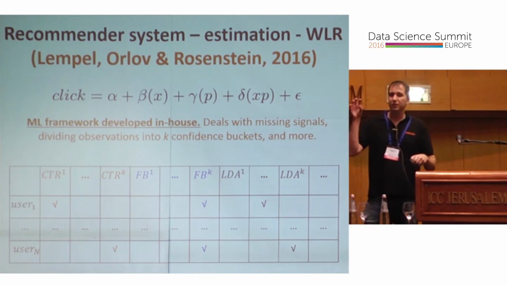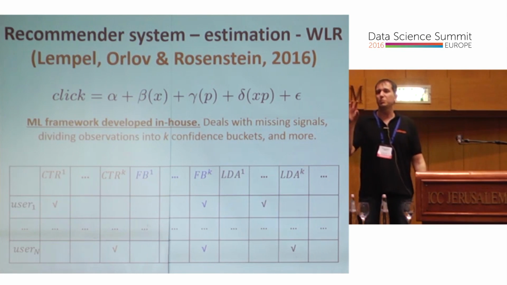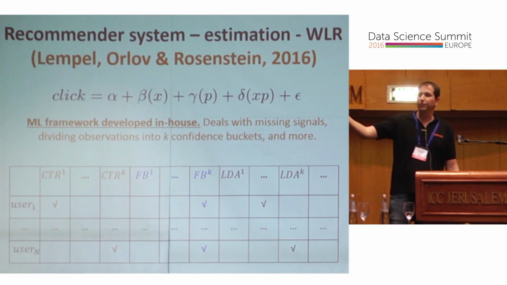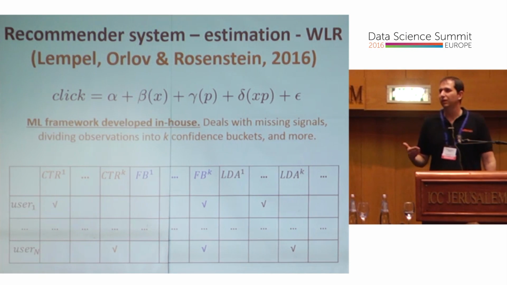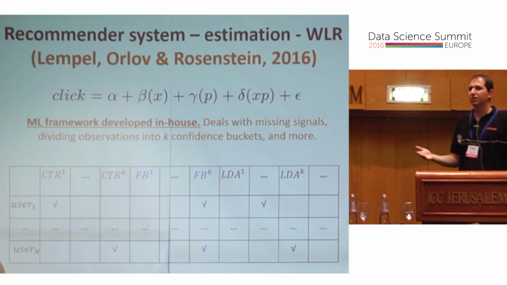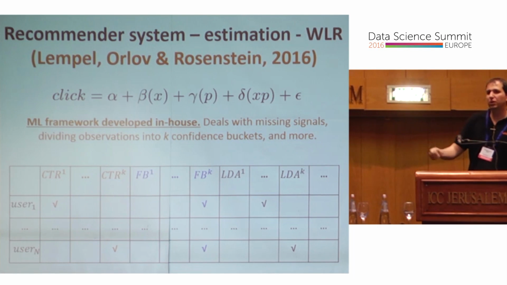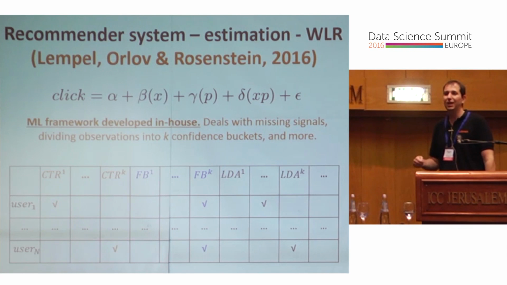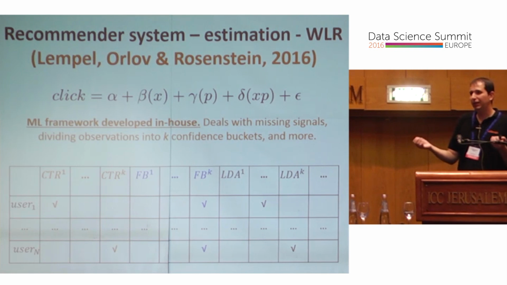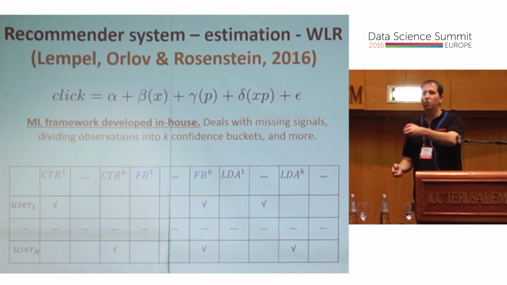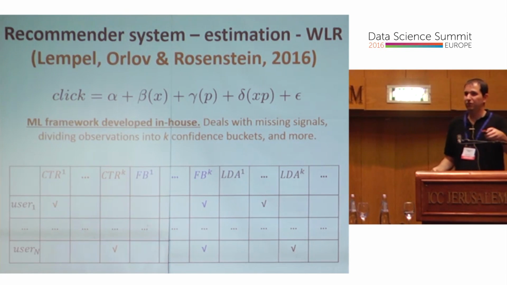And every signal is allocated into one specific confidence bucket, and you have missing values in all the rest of them. This also deals with some documents not having signals about shares. So maybe we couldn't access the API of Facebook in order to get the shares, or it still didn't have any referrals because no one has shared it yet. So basically, it assigns missing values to all the signals that every user times document doesn't have.